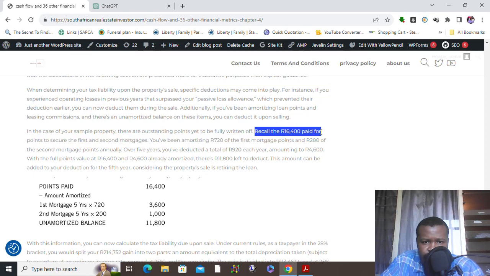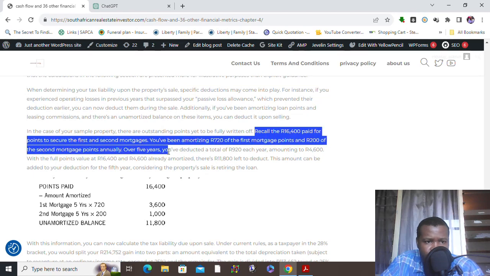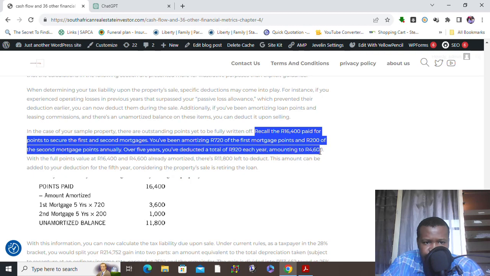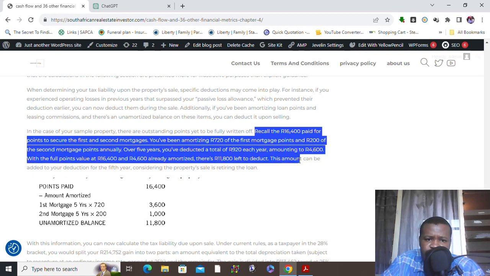Recall the 16,400 paid to secure the first and second mortgages. You have been amortizing 720 of the first mortgage and 200 of the second mortgage annually. Over 5 years, you've deducted a total of 920 each year, amounting to 4,600.